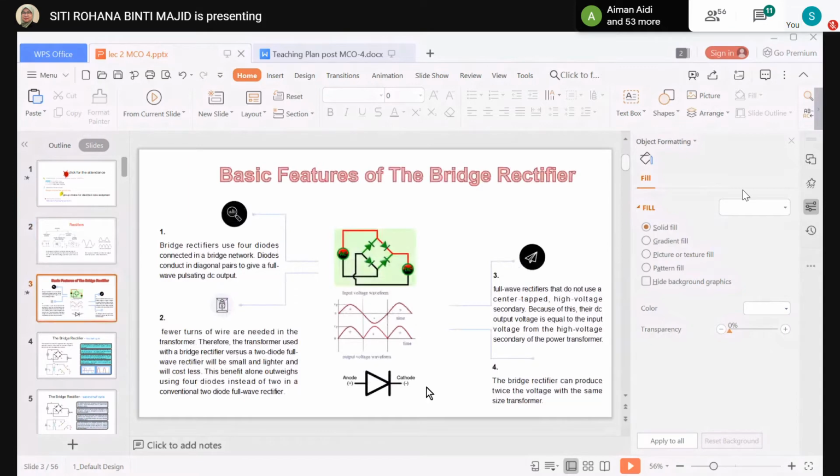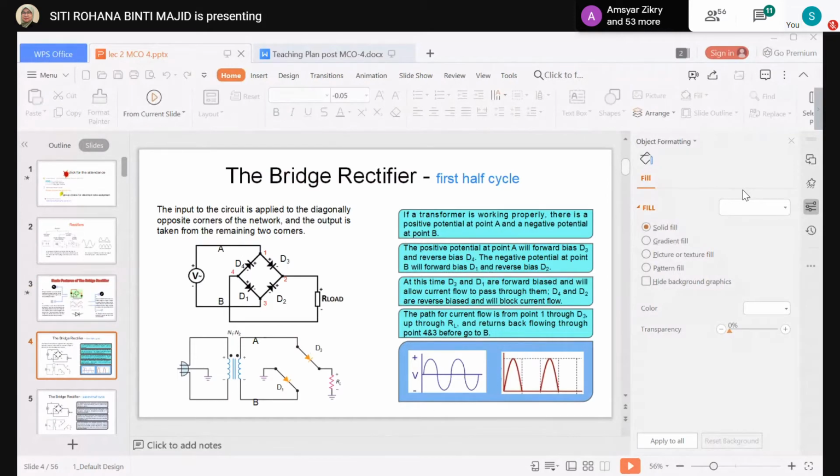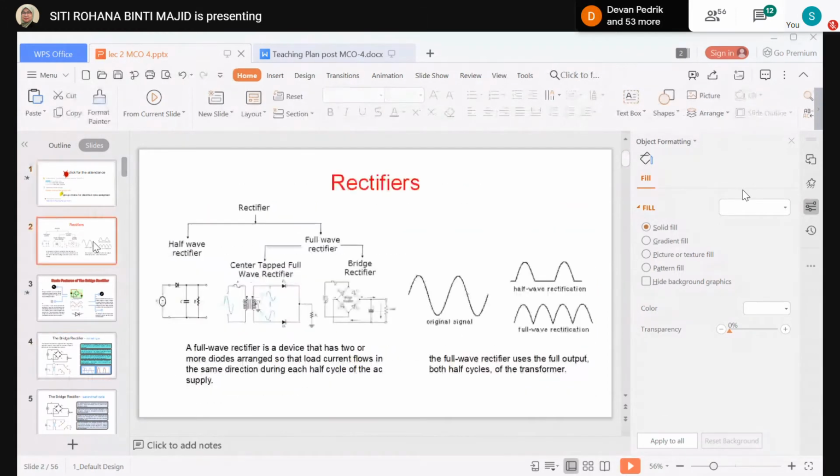Yes, we can see the basic features of the bridge rectifier. Now I want to change the slideshow. Can you see when I scroll the slide? No, doctor. Okay, so in that case I need to present like this.